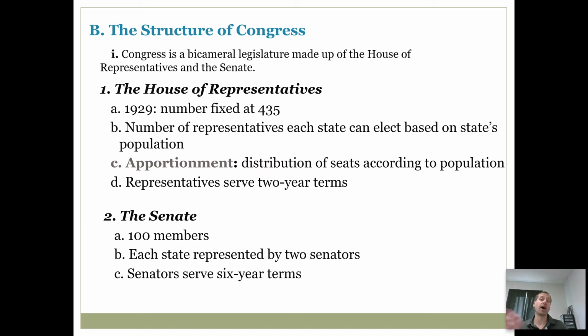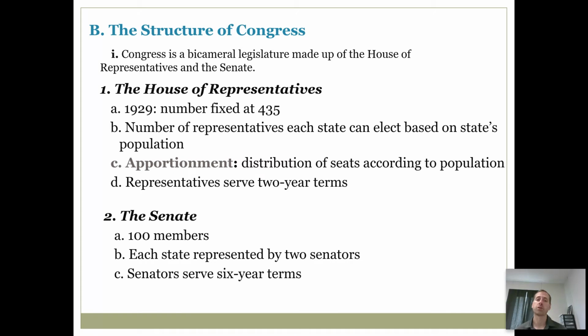We could go to 9, or we could theoretically drop down to 7 based on how much our population has grown or shrunk compared with other states. If other states have grown faster than us and they have more people, well, they're going to get another congressman. And that new congressman has to come from somewhere else. It's going to come from another state that didn't grow as much. So that's how the numbers are apportioned.